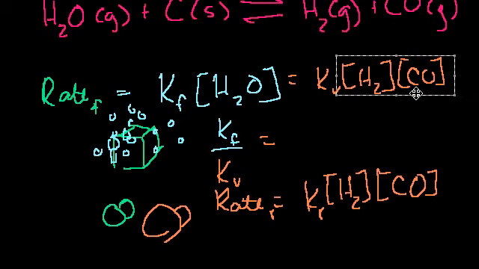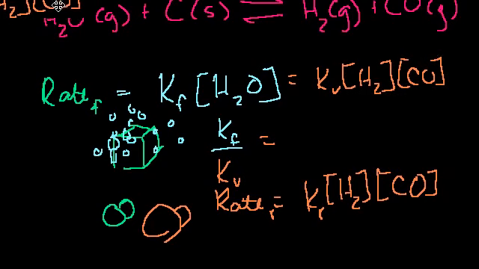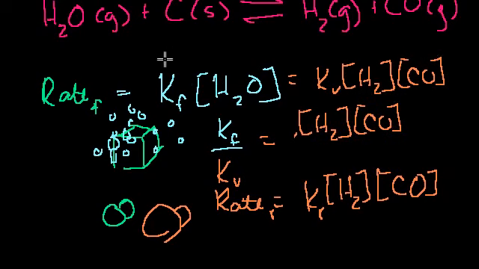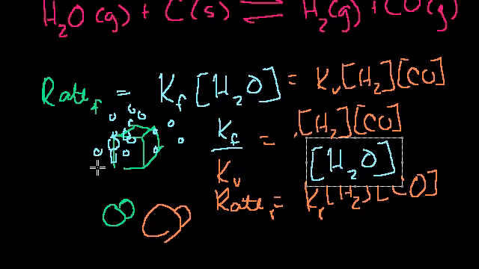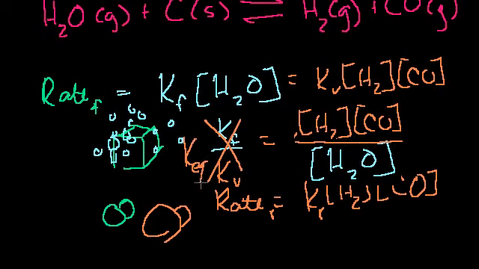Let me just copy and paste that. Is equal to that divided by this. And so if we call this the equilibrium constant, because it's just two arbitrary constants, we could just call this the equilibrium constant.